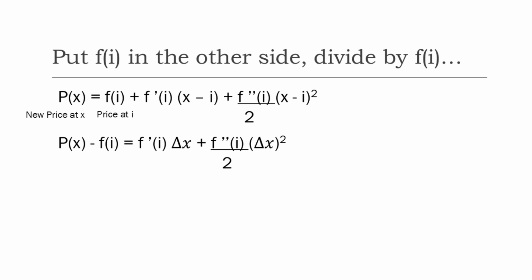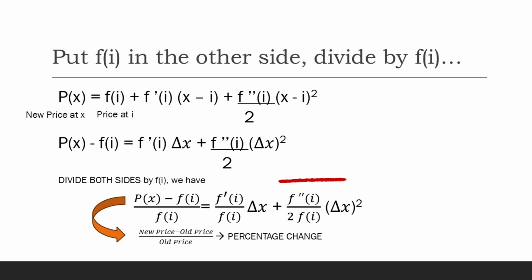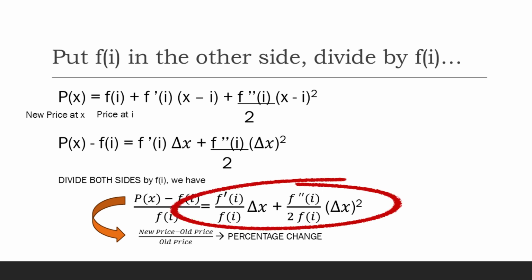Now, if we divide both sides by f of I, then we're going to have P of x minus f of I all over f of I. Since P of x is the new price and f of I is the old price, then this is really the new price minus the old price all over the old price, which just gives you the return or the percentage movement. And we're going to discuss this percentage movement in terms of the first and second derivatives times the delta x's.